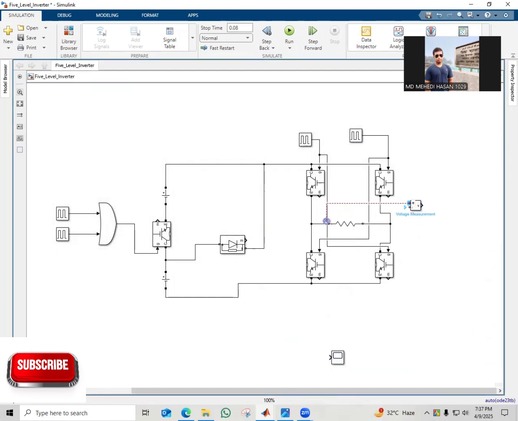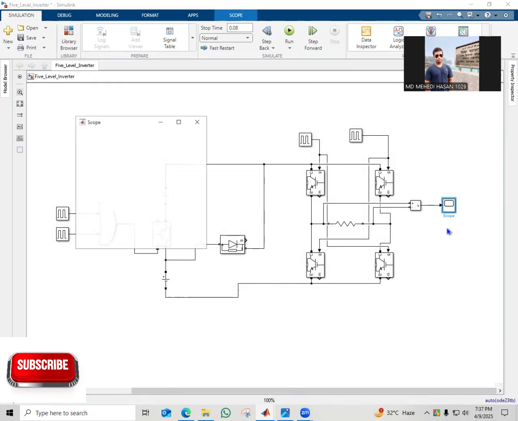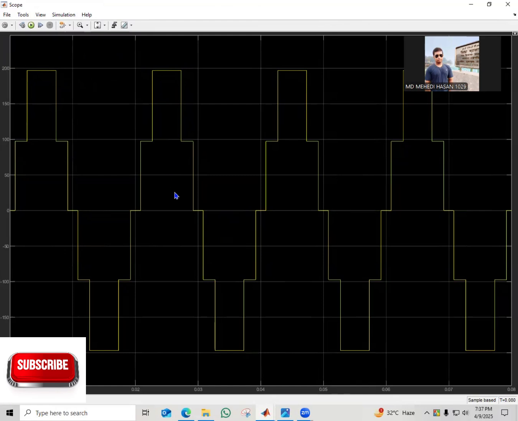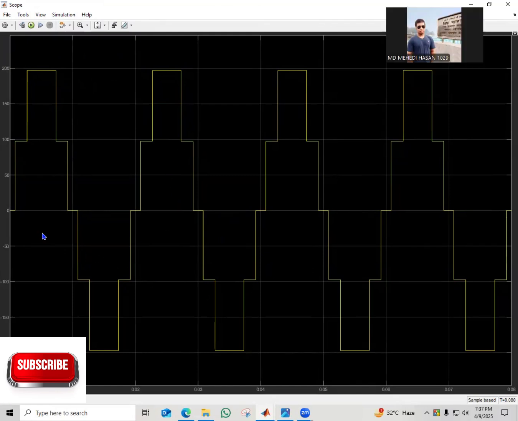Apply the voltage measurement across the resistor to measure the voltage, and apply the scope to see the actual output from the MOSFET or IGBT. This is the output of the multi-level inverter.